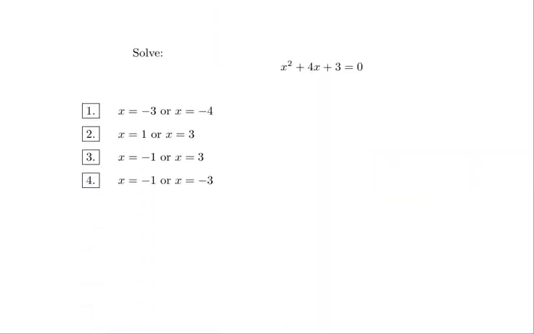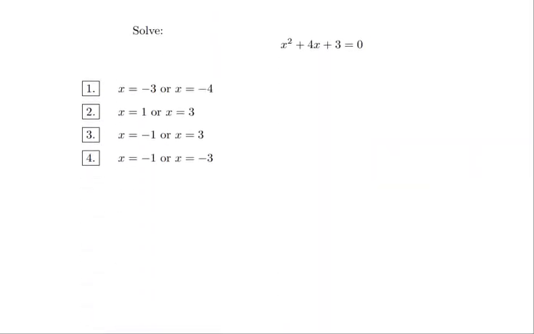Okay, so we move on to a second question. Again, for a task with solving a quadratic equation that has just a 1 or no number next to the x squared term, you open two parentheses and you say this equals 0. And you bring down an x here, you bring down an x there, and then you have to find two factors of 3 that add up to 4.